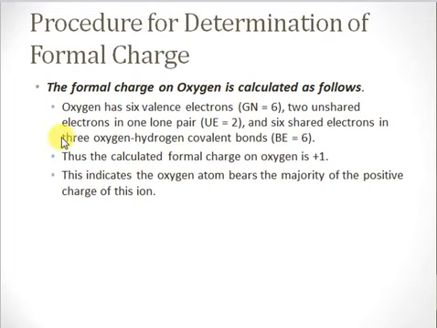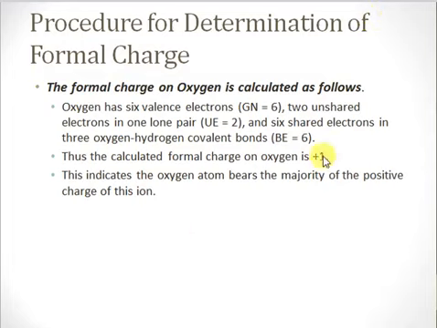Each bond has 2 electrons, so the 3 bonds have 6 electrons, and we take half of 6, which is 3. So 6 minus 2 minus 3 gives 6 minus 5, which is 1. The answer is positive 1.